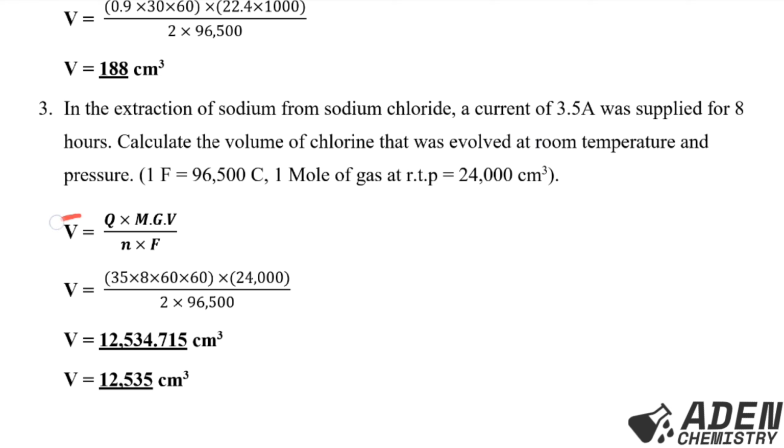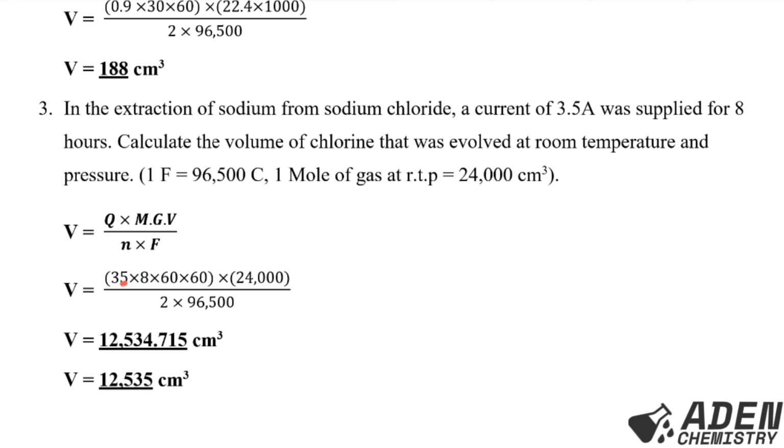So the formula is V equals Q multiplied by molar gas volume divided by n times F. So V will be equal to Q. Our Q will be, we have 3.5 as our current. So here is 3.5, not 35, multiplied by 8, that's the time, 8 hours.